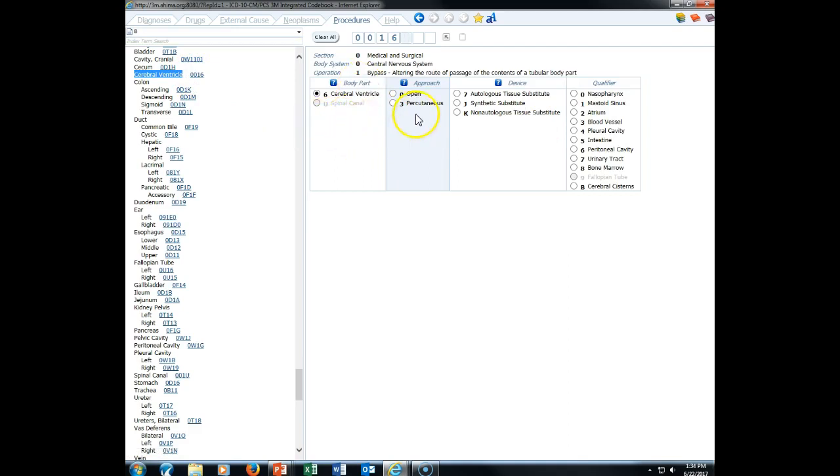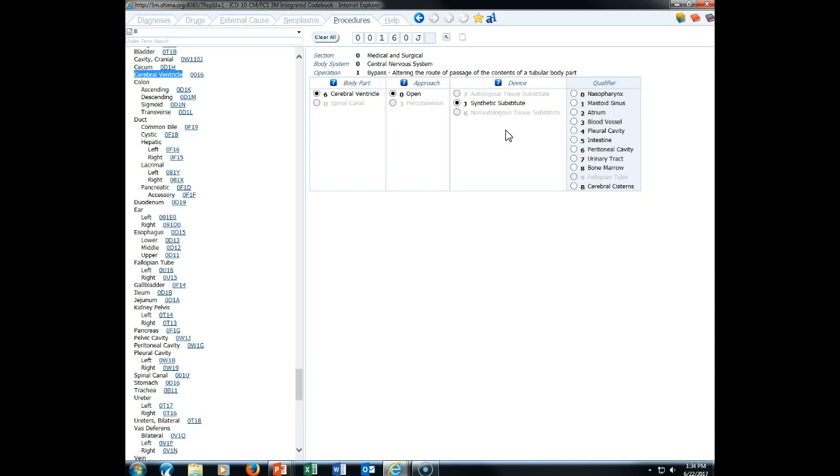When we look at this in the index, we know that our approach is open, and we are choosing the option for synthetic substitute. Now, your options here are autologous and non-autologous tissue, but typically a synthetic substitute is used, and that would be very well defined in the actual operative report.